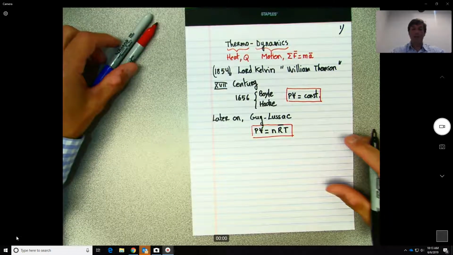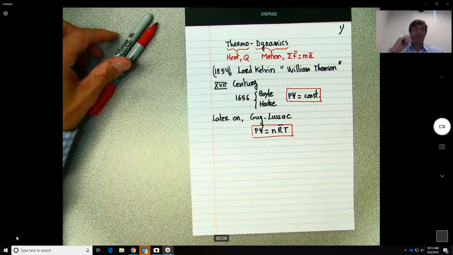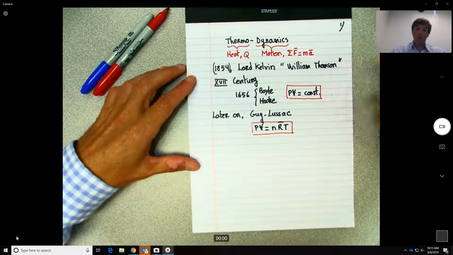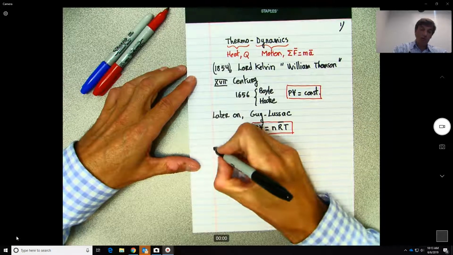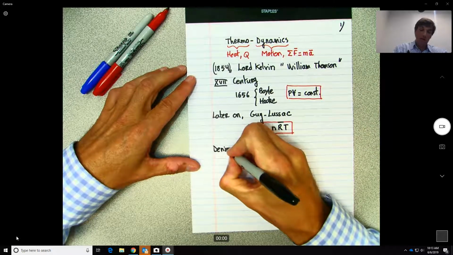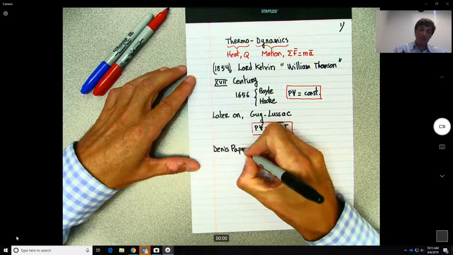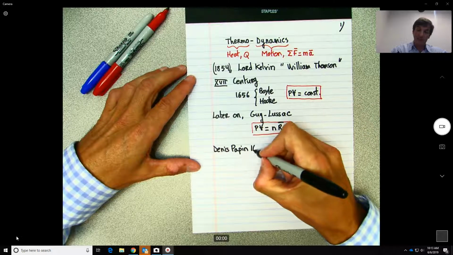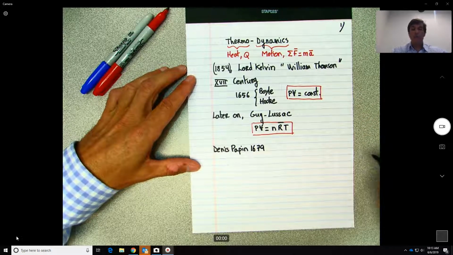All right, so from there on, what happened? Okay, now let's go to a bit more engineering. So now we go to another scientist called Denis Papin in 1679. So what did he do?